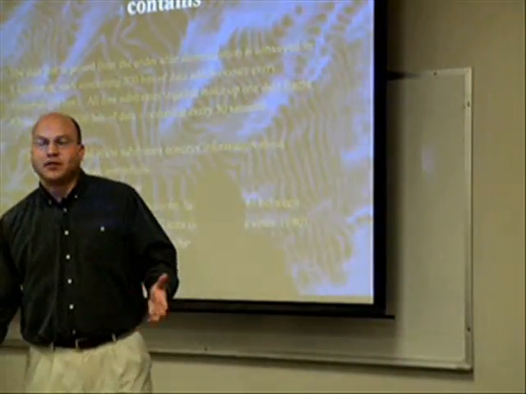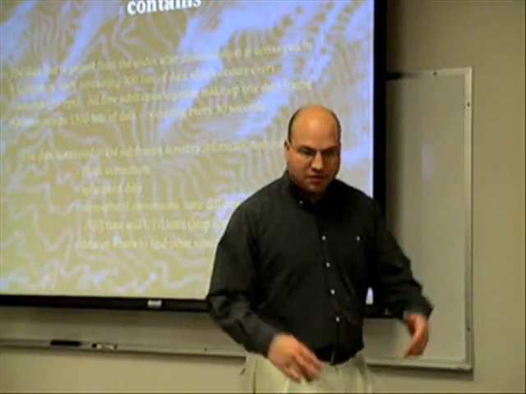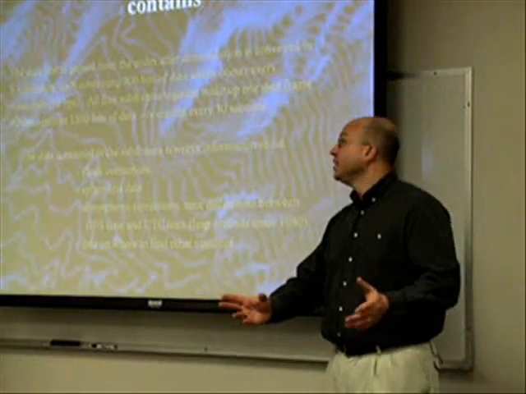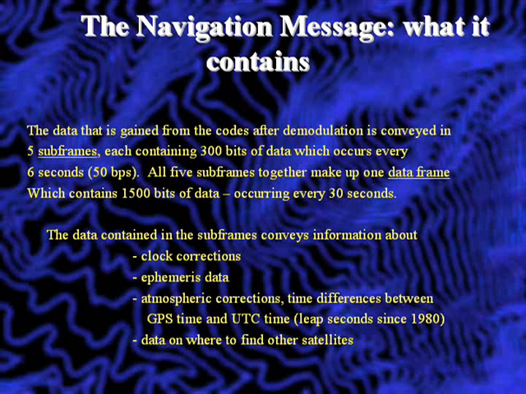Now that information is not just poured onto you, it's actually provided to you in 5 subframes. So there are 5 subframes, and the next figure will show it in more detail.